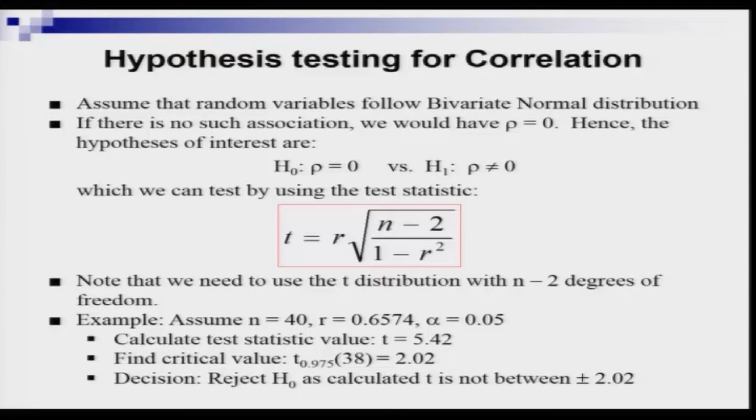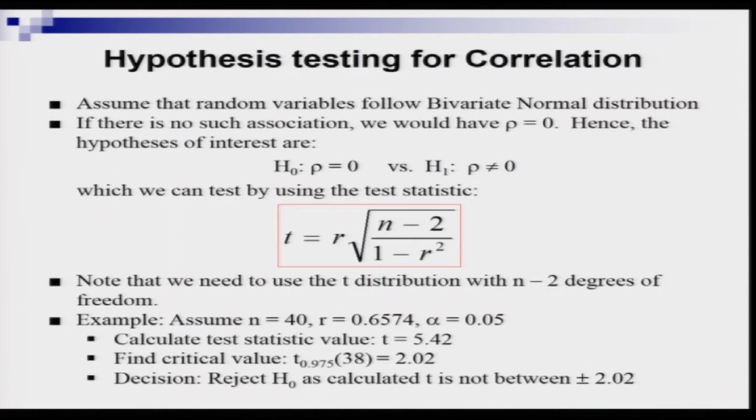Here the target is to statistically check whether, at the population level, two random variables x and y are linearly related or not. So we start with an assumption that the two random variables x and y follow a bivariate normal distribution, and I also assume that if there is no association between these two variables, then we expect rho to be equal to 0.